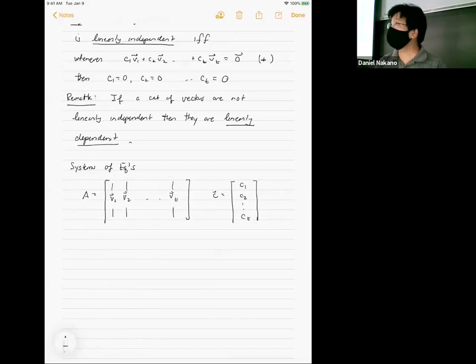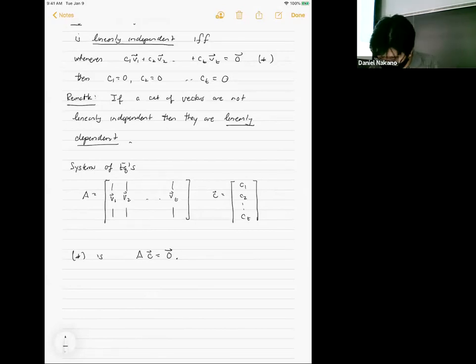So when I write star out, star is precisely AC being the zero vector. So the equation star is just a more compact notation: AC being zero.